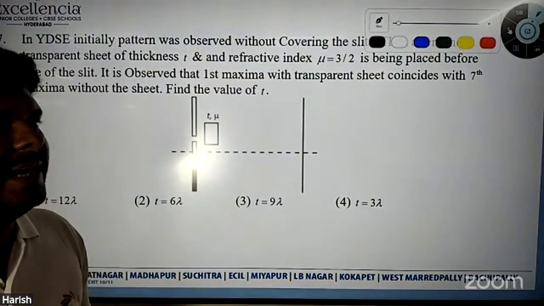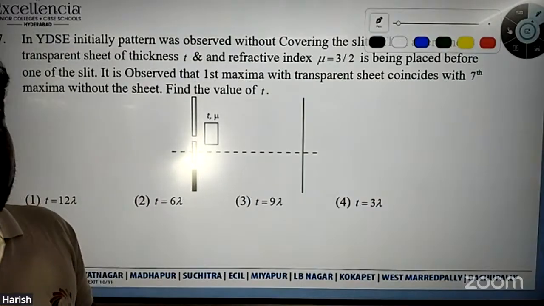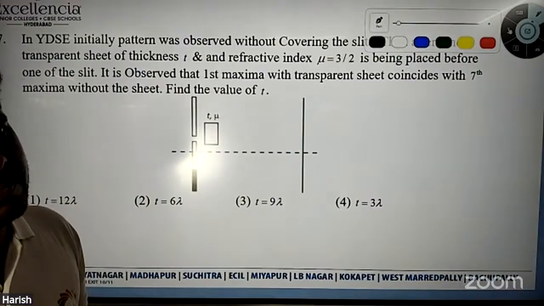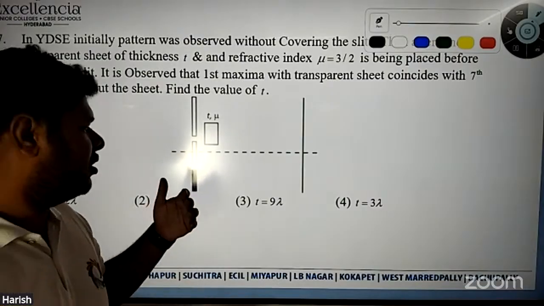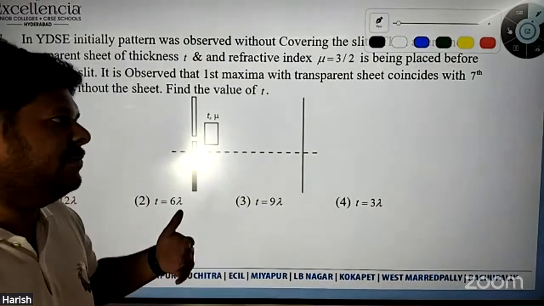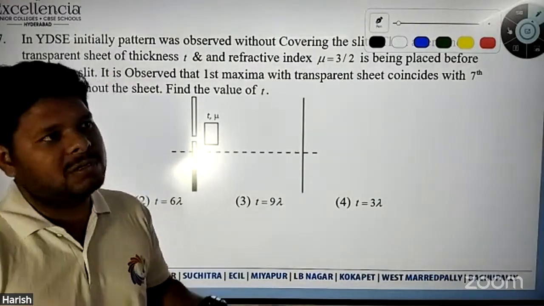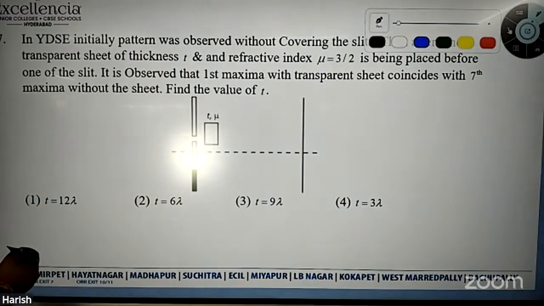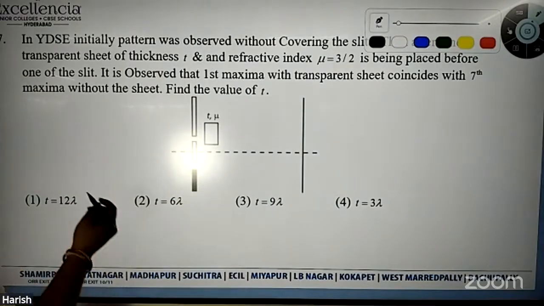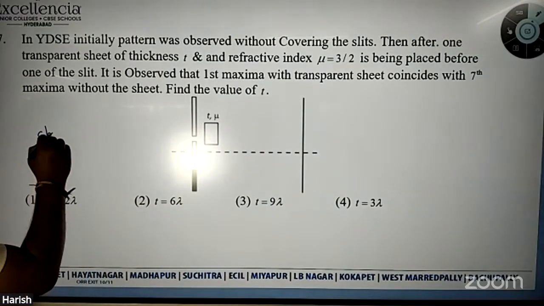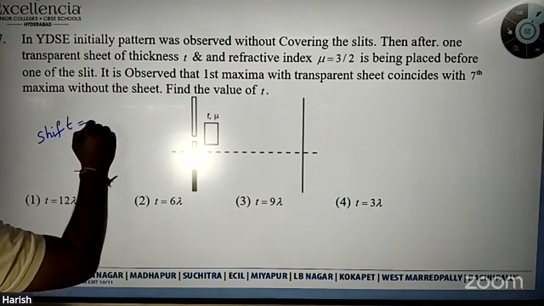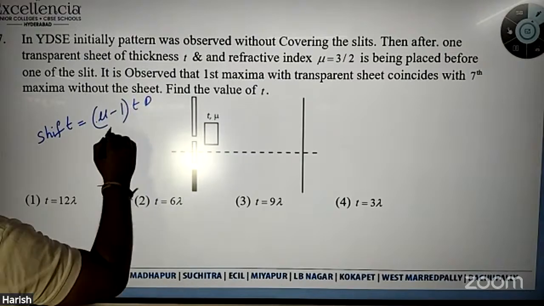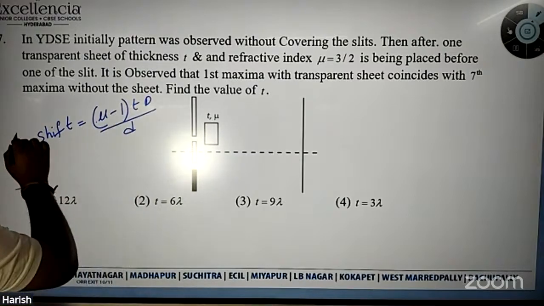And being a JEE aspirant, you should know even the direct formula for shift also. Because this topic is important, not only in Mains, in other competitive exams also. There's stress on this shift concept. If you don't know, please once again revise the formulas. Shift is given by (mu minus 1) t D by d.